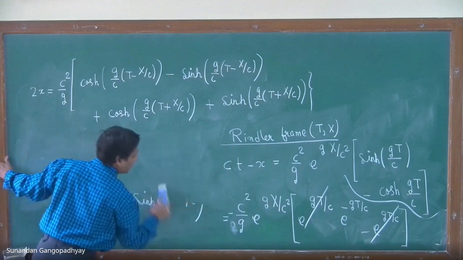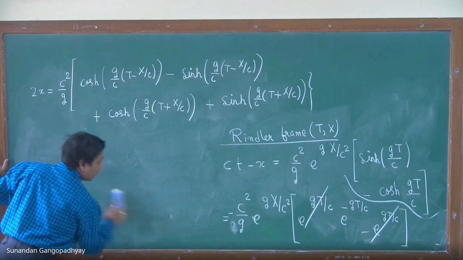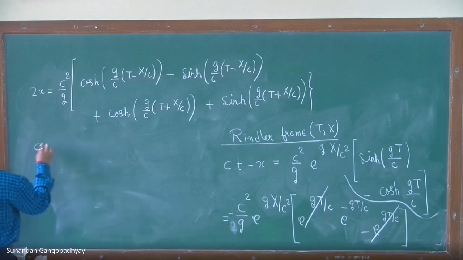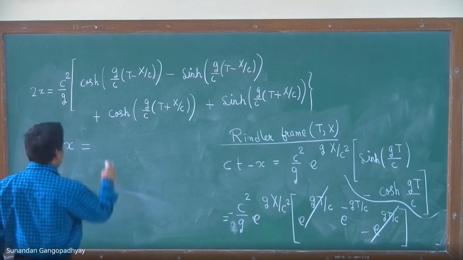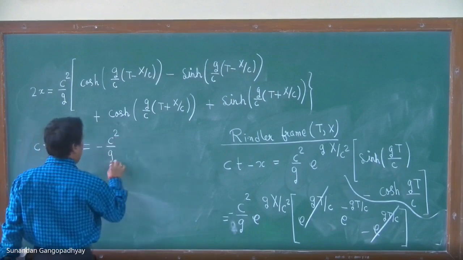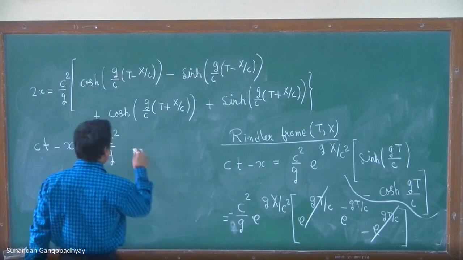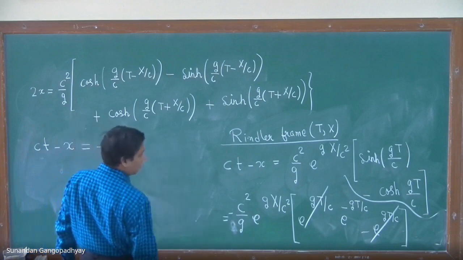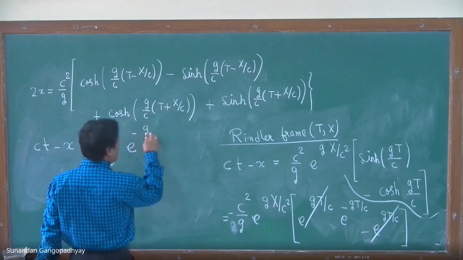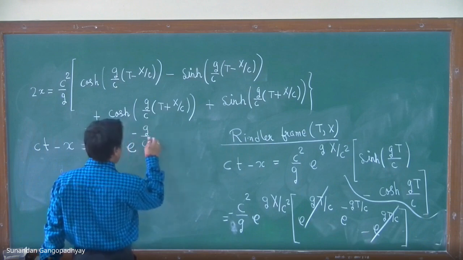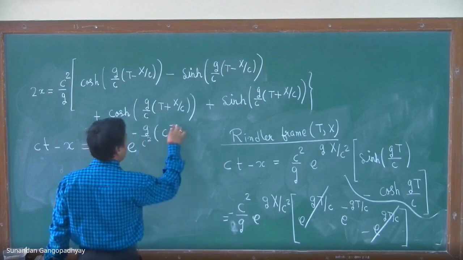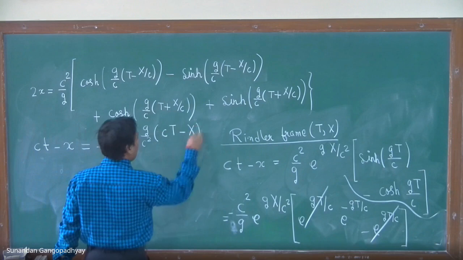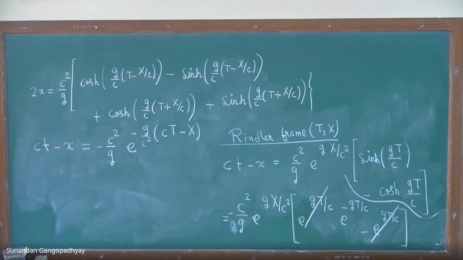You know what the transformations are, and therefore you can write ct minus x is equal to minus c square by g e to the power of minus g, by c, right? This is what we get. Let me just check it with my notes.